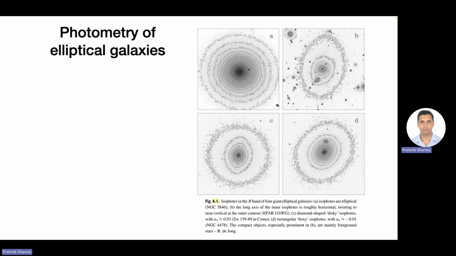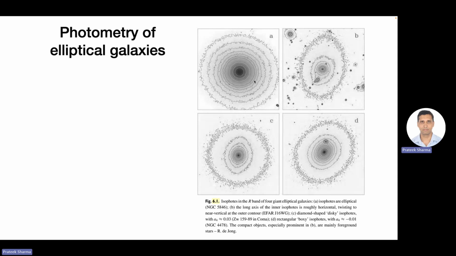The curves of constant surface brightness of an image of a galaxy are called isophotes. So the inner ellipses or circles or these inner contours correspond to higher surface brightness, and the outer ones are dimmer. And as I mentioned, just outside the center, the sky is brighter than actually the galaxy. So you have to really do subtraction and do all that in order to recover the true brightness distribution.